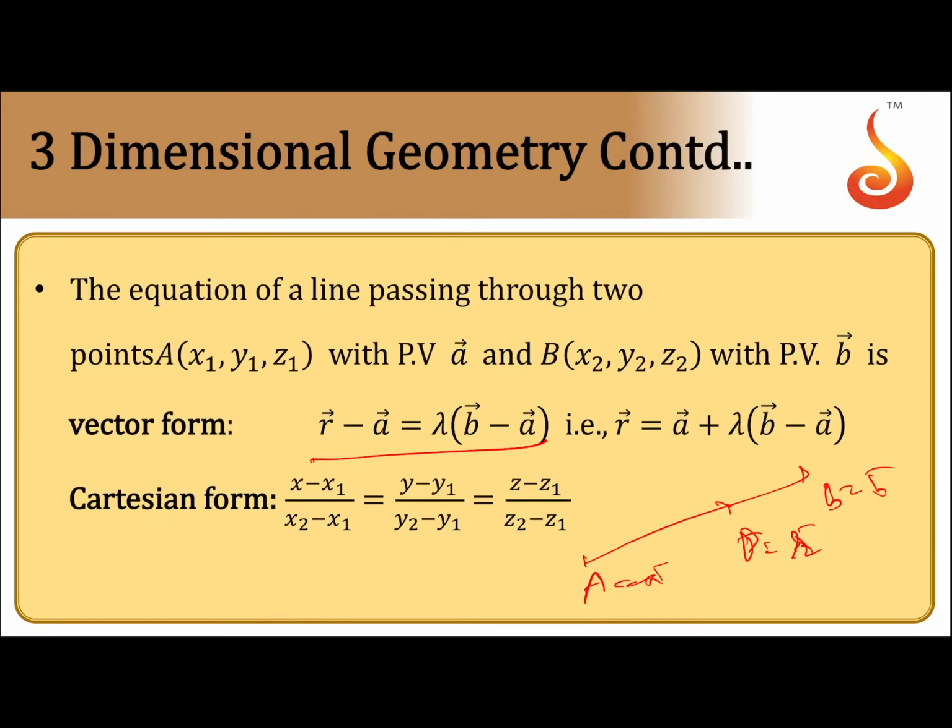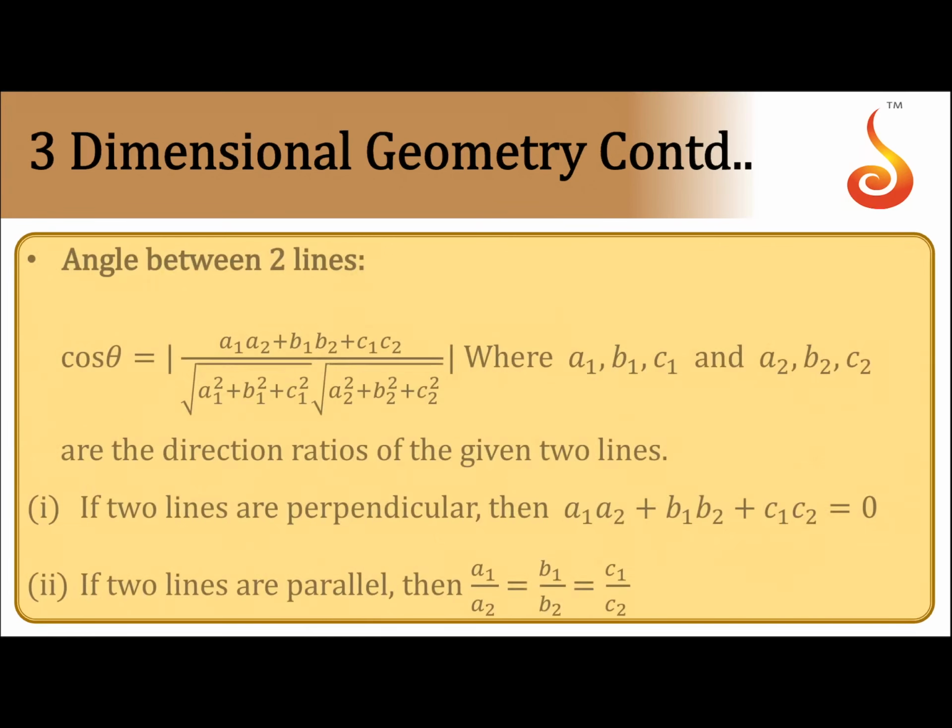Because the vectors AP, AB, and PA, PB are collinear and AB are collinear, using that concept we get this one. That is about the vector equation of a line joining 2 points. The Cartesian form can also be written like this.